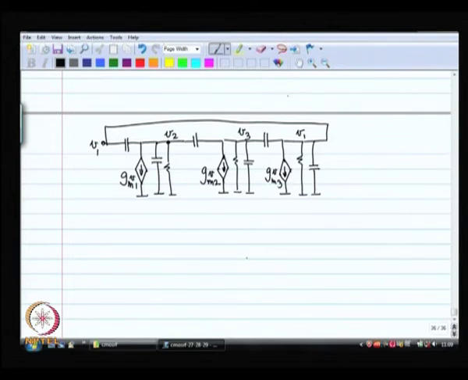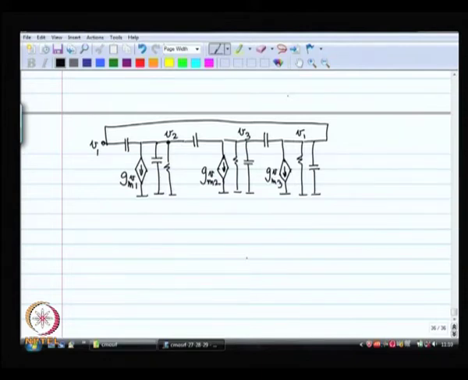these gate to drain capacitors pose some kind of a problem, because they are between two terminals and not with respect to ground. Typically, you can conceive of breaking this using Miller's approximation, and if I break the gate to drain capacitance using Miller's approximation, then it breaks up into A times, where A is the gain of each stage, A times CGD on one side and CGD on the other side.